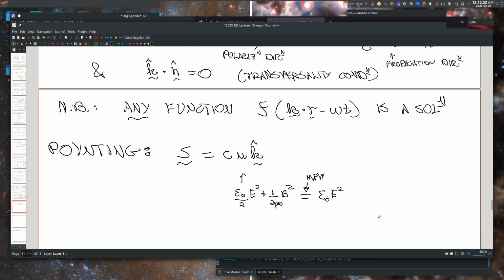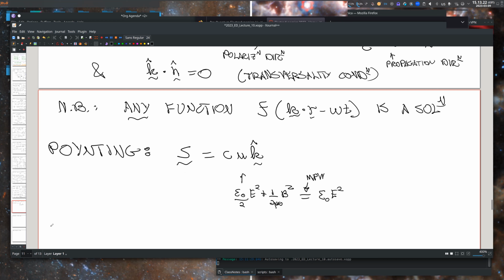And when you do some time averaging for this, you end up with this energy density that you have here. So the physical interpretation of this equation is super simple, because the Poynting vector is energy flow per unit area per unit of time. So it's going in that direction, carrying an energy density U at the speed of light. That's what this equation tells you.